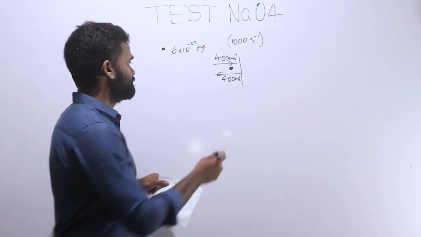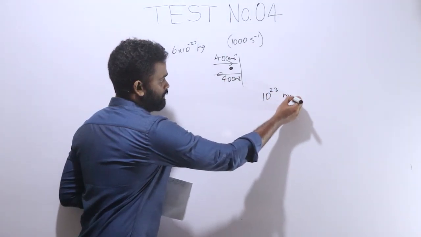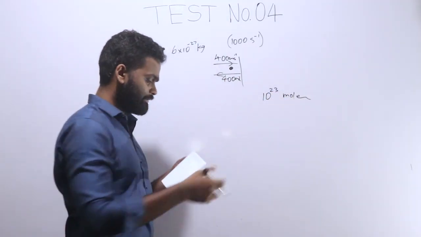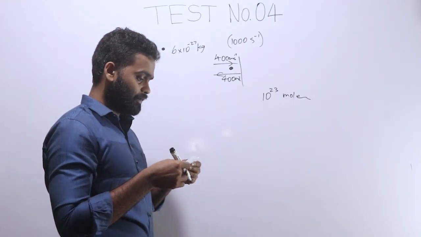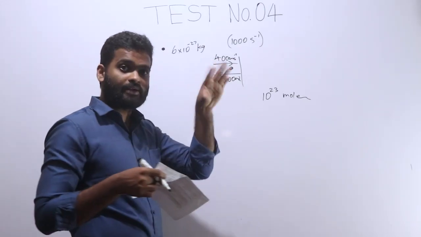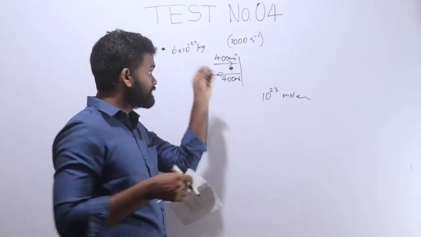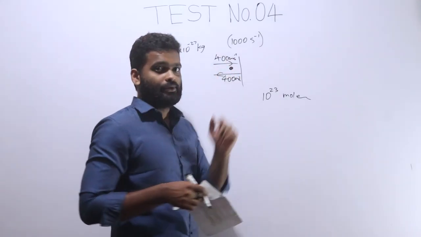Then they say there are 10 to the power 23 molecules hitting the wall. They say there are 10 to the power 23 such molecules having collisions with the wall.